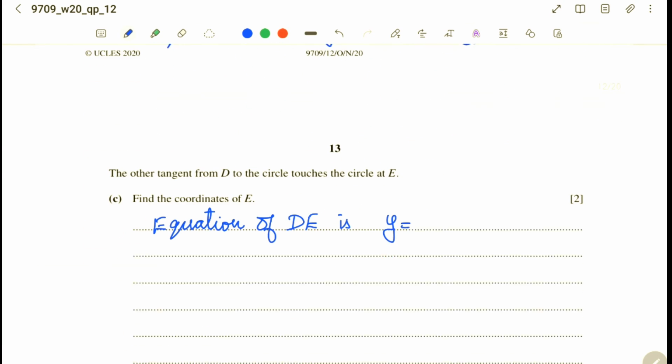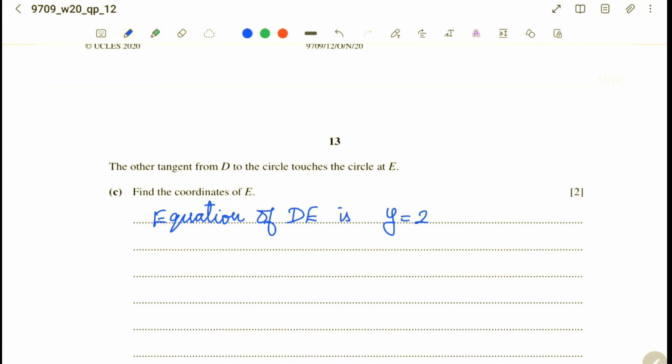So this will be y is equal to 2x plus the constant c.